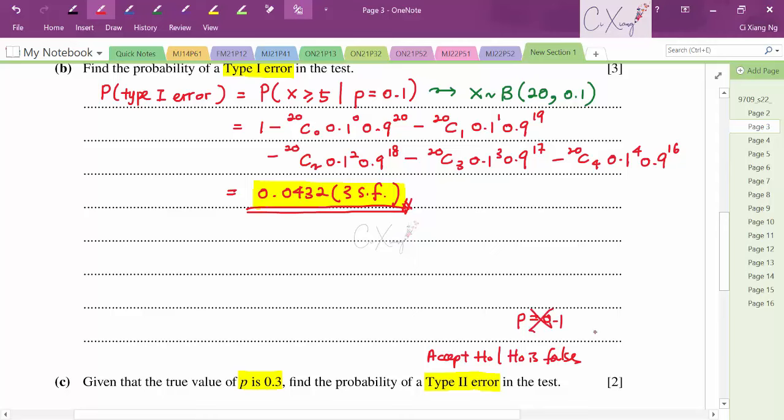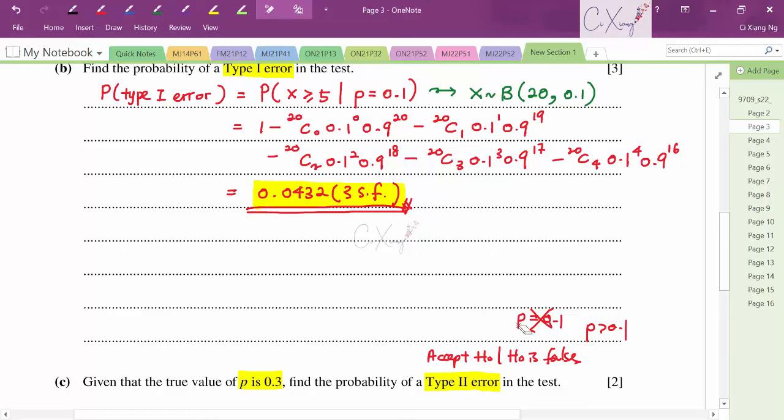We accept when the null hypothesis is false, which means there is a possibility that p is greater than 0.1. When p is greater than 0.1, it can be many different values, such as 0.2, 0.3, and so on. Therefore, the question will definitely give us a new value for p. So we are going to use this p equals 0.3 in our calculation for type 2 error.